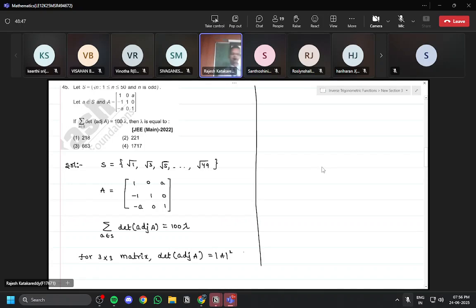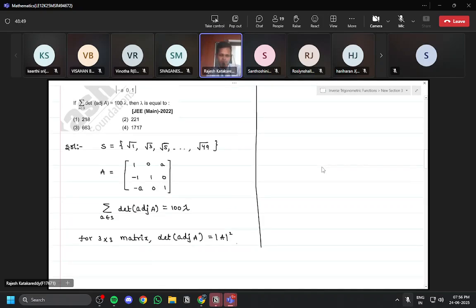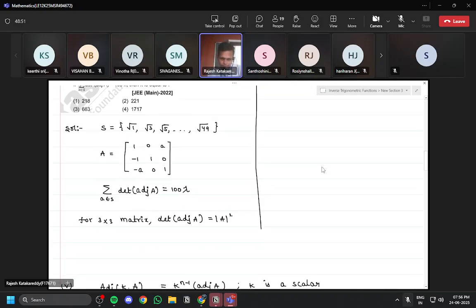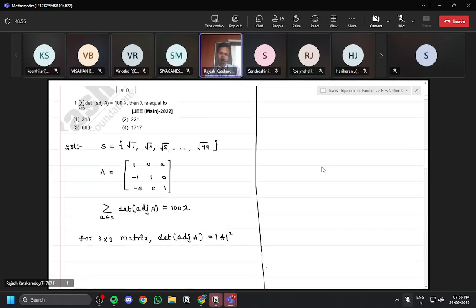Can you tell me the determinant of this matrix A? Correct, yeah?